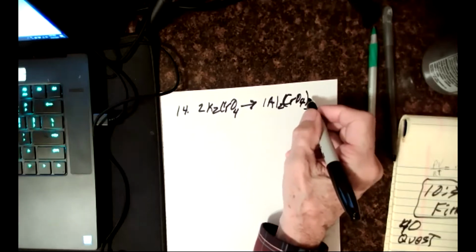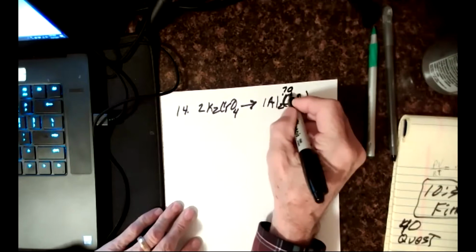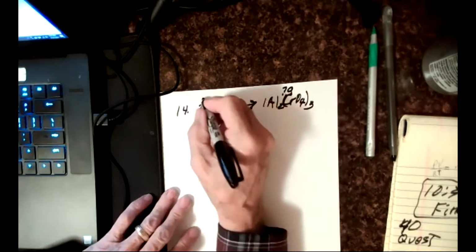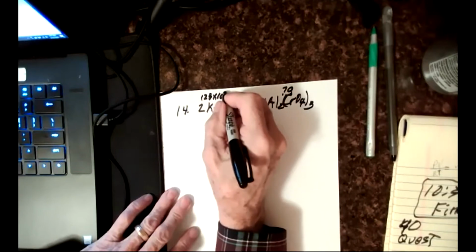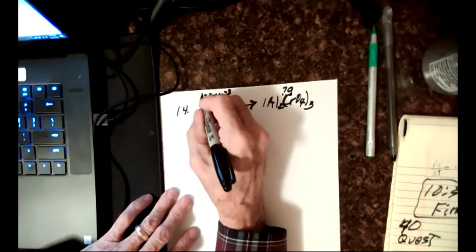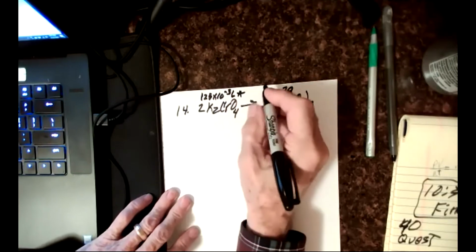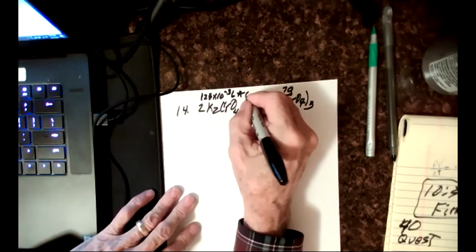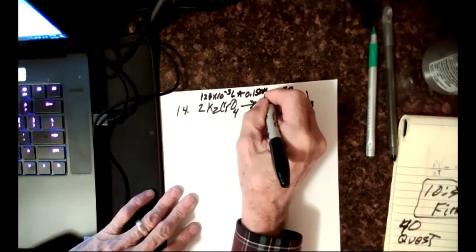Okay. And we want to know how many grams of this, how many grams will I make from 125 times 10 to the minus 3, 125 milliliters, and the molarity of the solution is 0.150 moles per liter.